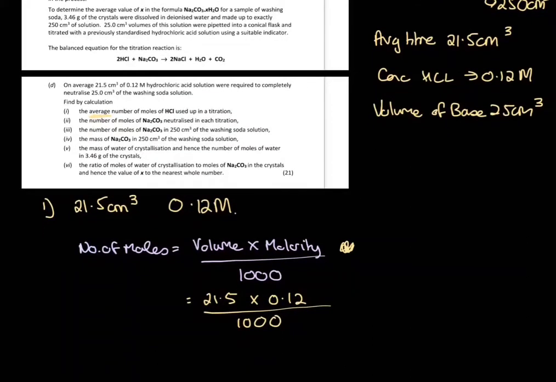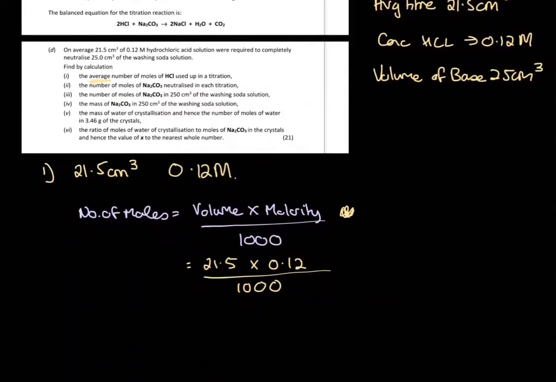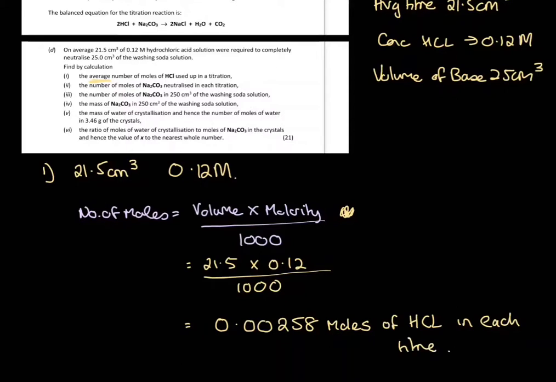Putting that into your calculator, you'll work out that the number of moles after each titration is 0.00258 moles of the HCl in each titre. That's on average because we're using the average titre there. So that's our first one done.